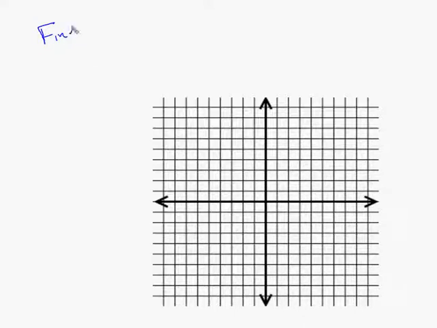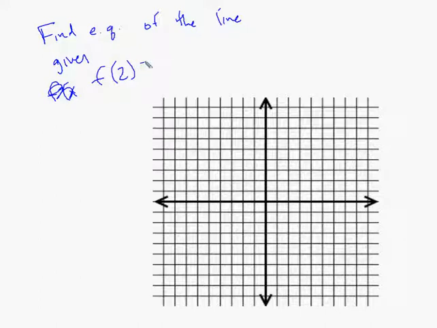Find the equation of the line given f of 2 equals -5 and f of 4 equals -8.